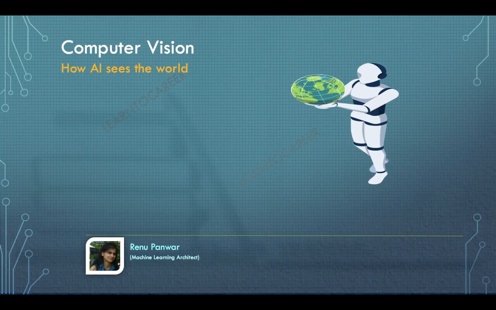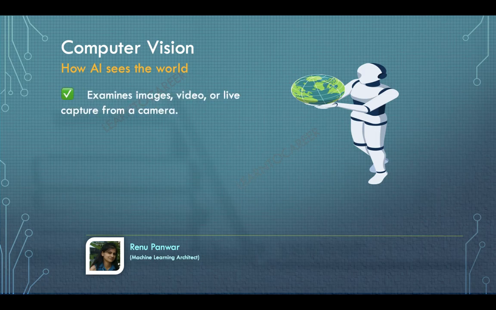Third, we have computer vision, which is the way that AI can see the world through visual processing. With this element, we can examine images, video, and live capture from a camera to do things like image classification, to classify images based on what's in them, like a car or a truck.